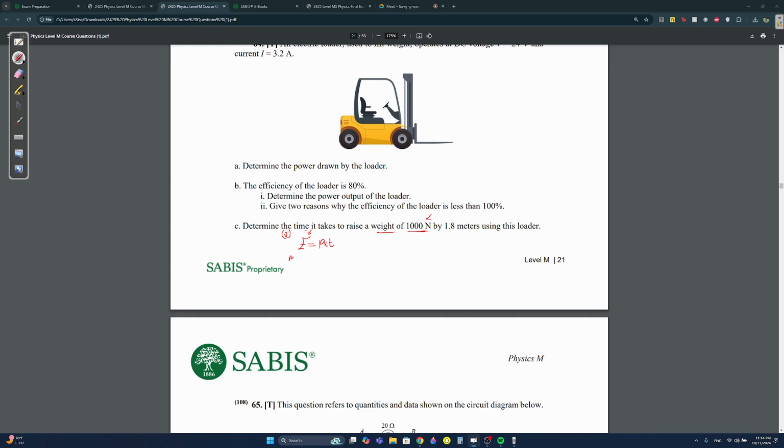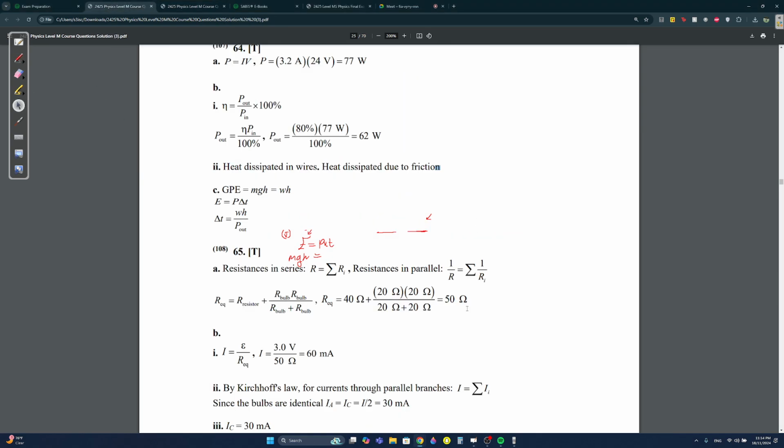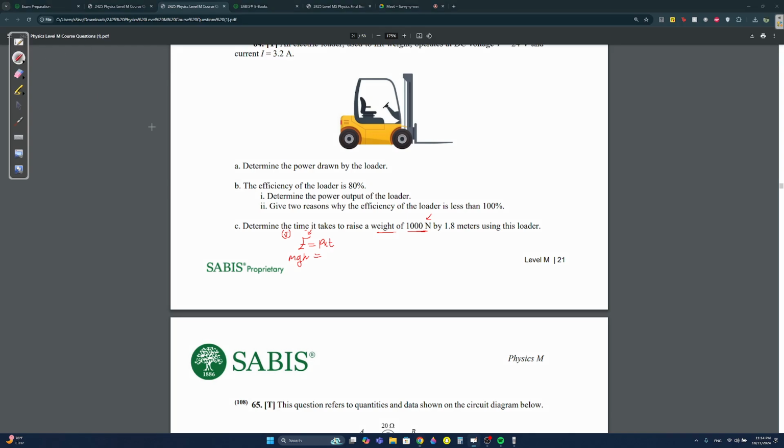So I'm going to use mgh equal to the power, which after the 80% efficiency was 62, times the time. So 1000 times 1.8 equals 62t.